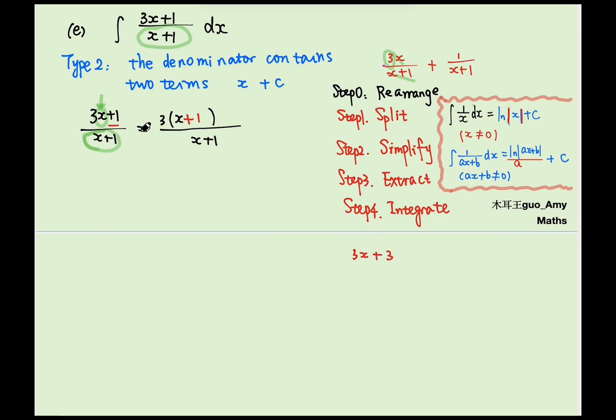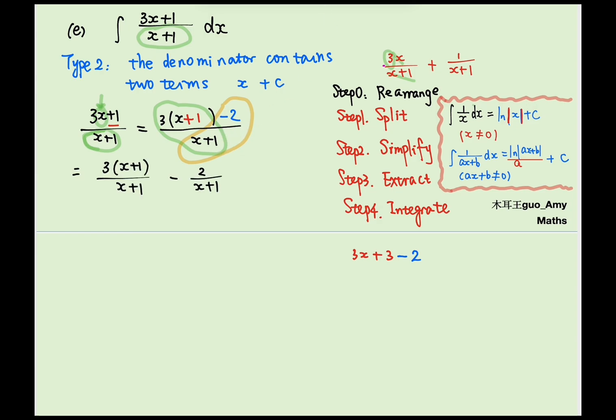Originally, we only have 1, and in order to keep it equivalent, we are going to minus 2. Then we will start to split the fraction to have 3, then the brackets over x plus 1. Then another fraction is negative 2 over x plus 1.